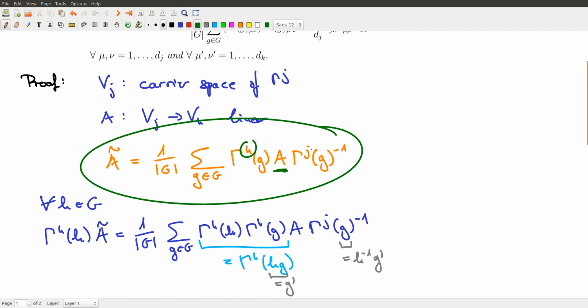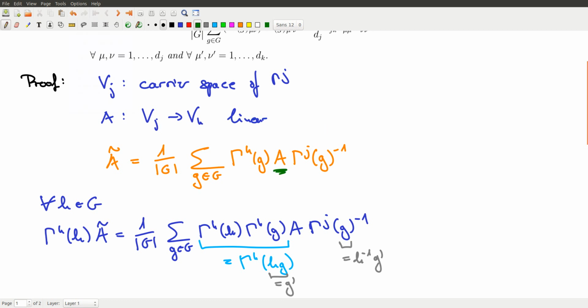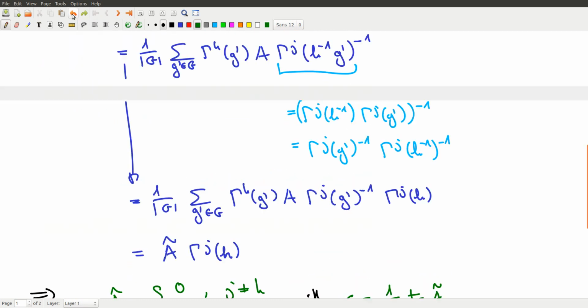And now the k is equal to the j, so we really conjugate it with the same matrix. And under the trace we permute cyclically, and then the gammas go away, and we have as many terms as the group has elements and normalized correctly. So we really just get the trace of a back here.